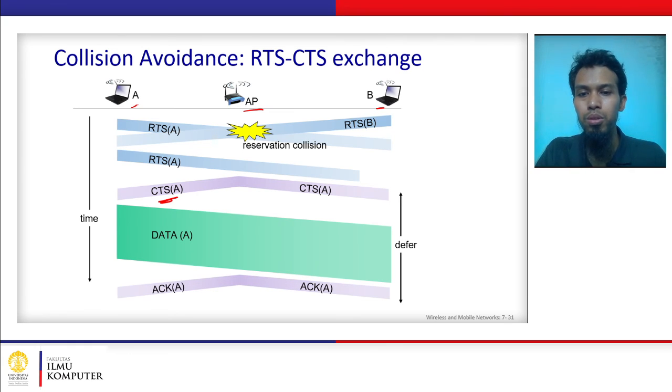When the data has finished being transmitted by A, after a SIFS, a short interframe time, the access point sends the acknowledgement to both A and B. This means that for B, the transmission from A is finished, so B can again start to transmit data to the access point.